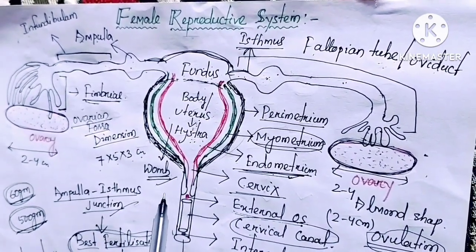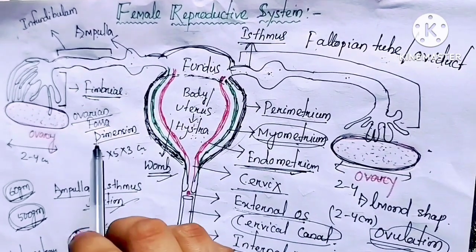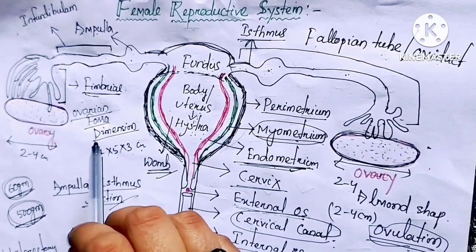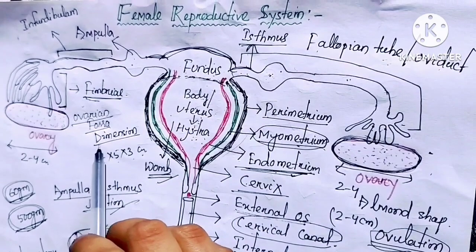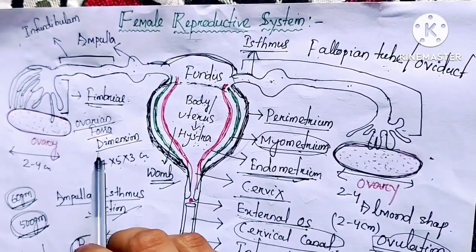Each ovary is connected to the broad ligament of the uterus through the mesovarium and the ovarian ligament.